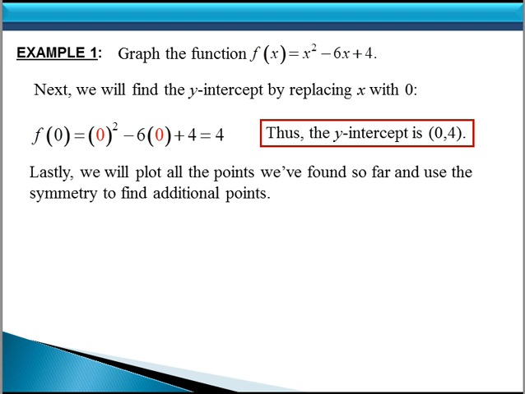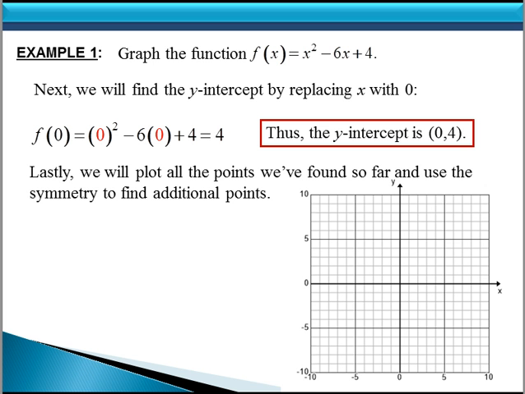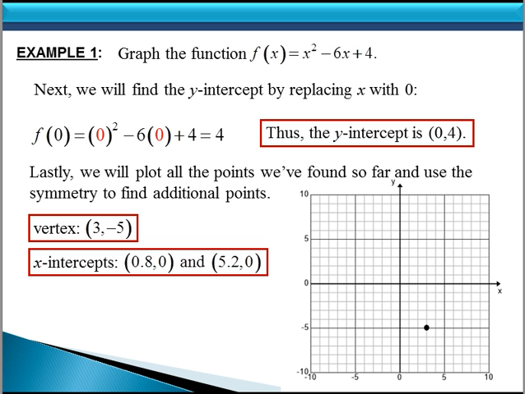Okay, so lastly, we'll plot all these points that we've found so far, and then we'll use the symmetry to find an additional point or more. So here's our grid, and remember, first we found the vertex (3, -5). So if we plot that on our grid here, we'll go right 3 and down 5. Then we found the x-intercepts next, so we're going to have to estimate where these go.